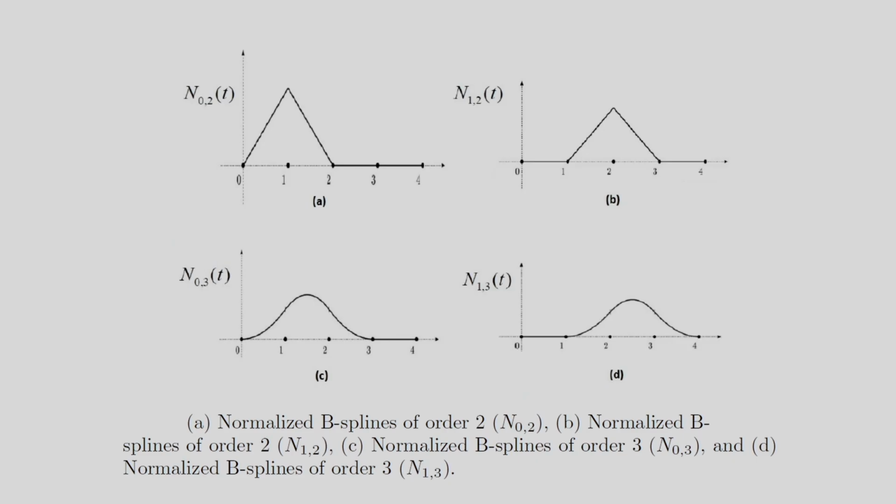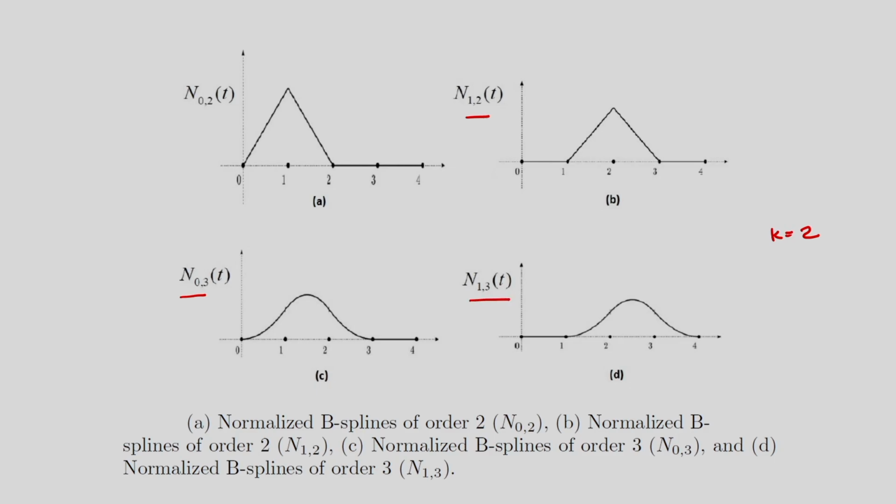Now in this case I am showing the normalized B-spline of order 2. That means I am considering k is equal to 2. The normalized B-spline of order 2, and in this case I am considering N02, that is the B-spline of order 2, and after this I am considering N12. After this I am considering the B-spline of order 3, that is N03, and after this N13, that is, I am doing the shifting.